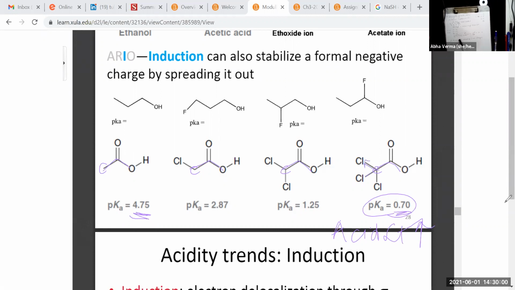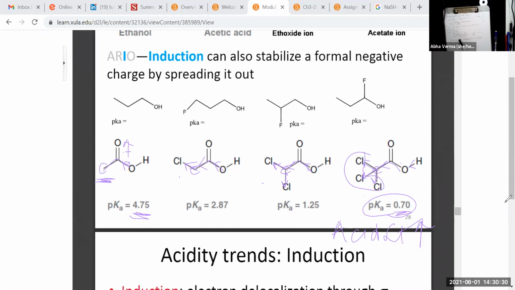It is because at the same carbon, you are being pulled by how many chlorines? 3 chlorines are even pulling this hydrogen's electrons. So this pull is being experienced by how many elements? There is no pull here at all. Only 1, 2, and then 3.